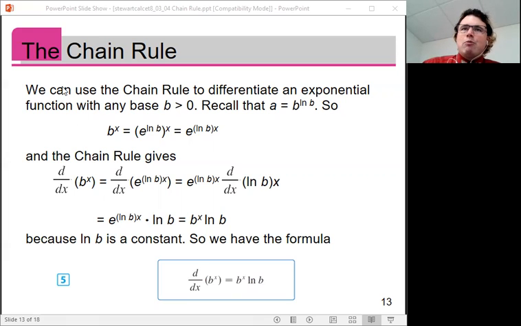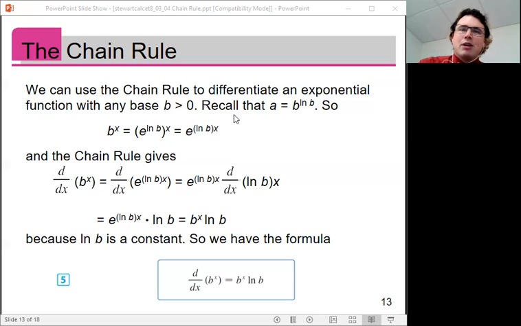And then I can rewrite b to the power x by saying that this is e raised to the power natural log of b, and then raised again to the power x. Well, my rules for exponents say that that's the same as taking e to the power the natural log of b times x. So now I'm all set to use my chain rule.